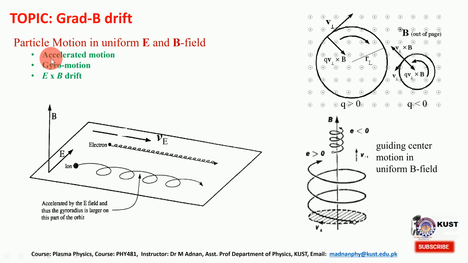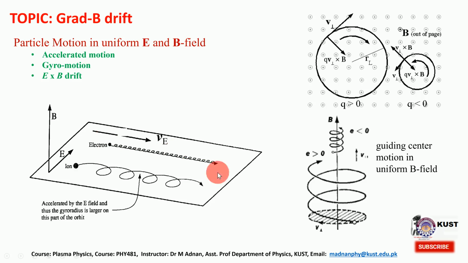And we have discussed the E cross B drift, that is where the electric field is applied cross to the magnetic field, and this stretching gives rise to these helical orbits. It can be due to the acceleration provided by the electric field, if there is a component of electric field parallel to the magnetic field, while this gyro motion is because of the QV cross B force.